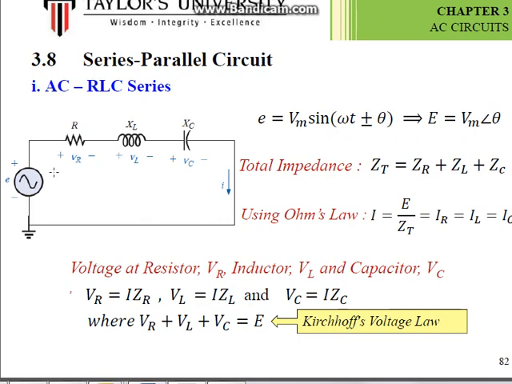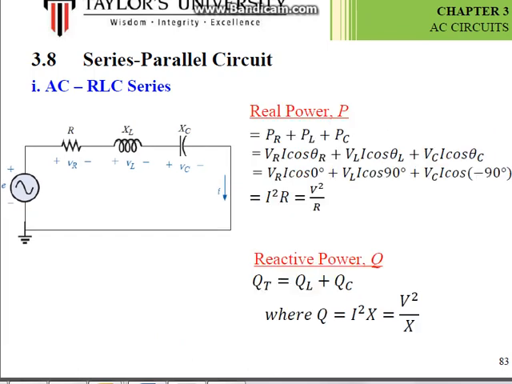If it's a combination of all these three, impedance, add all up together, you know ZL, you know ZC. Ohm's law, you just take the V, divide by the whole impedance. If you want to get voltage across each individual component, as long as you have the I and the impedance of each component, you will manage to get the V across it very easily.